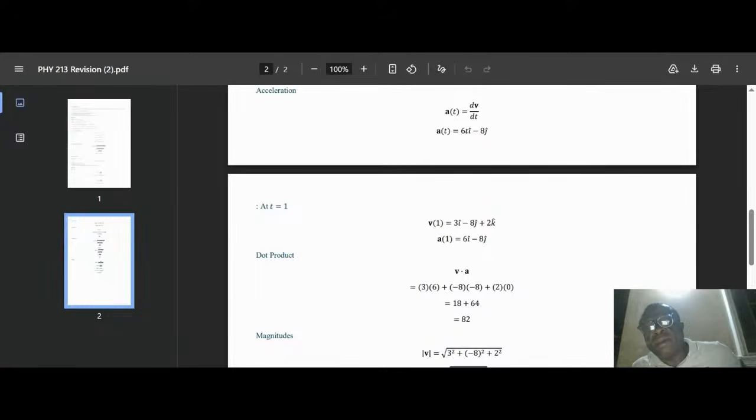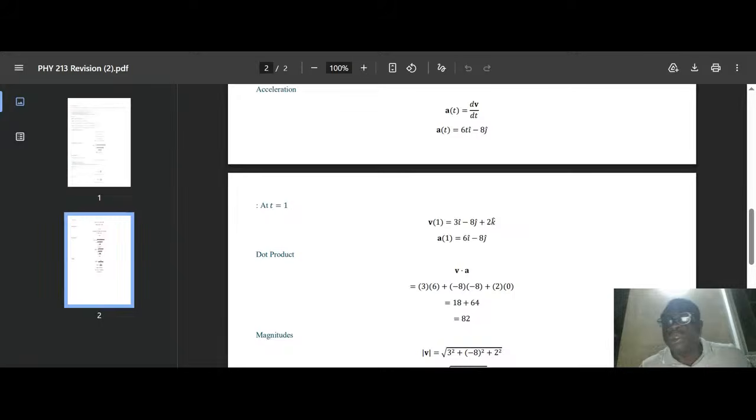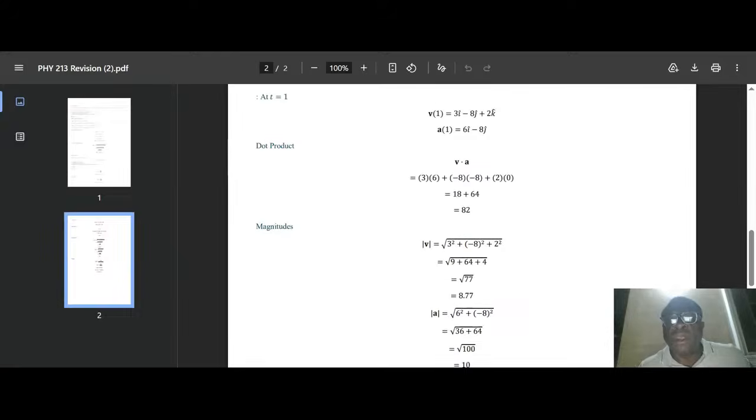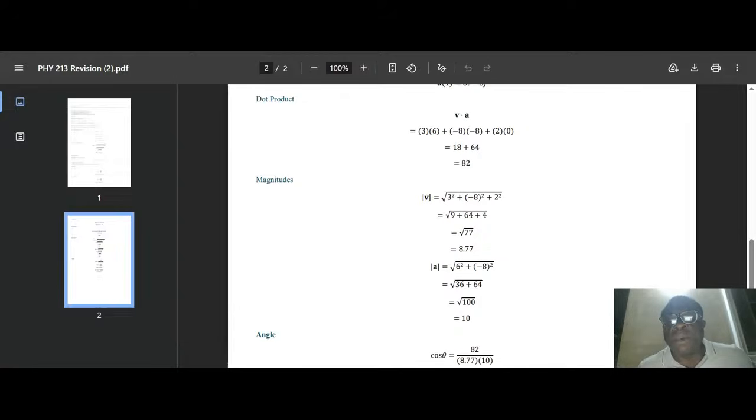For the k, the acceleration component is 0, so 2 times 0 vanishes. Adding 18 plus 64 gives 82. The modulus of V is the square root of 3 squared plus minus 8 squared plus 2 squared, which is 8.77. For the acceleration, 6 squared plus minus 8 squared gives us 10.